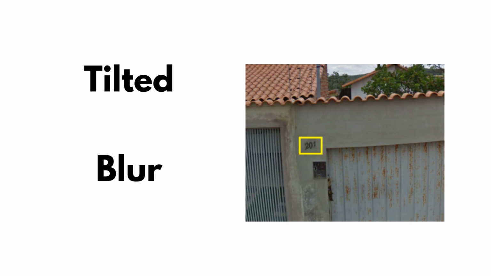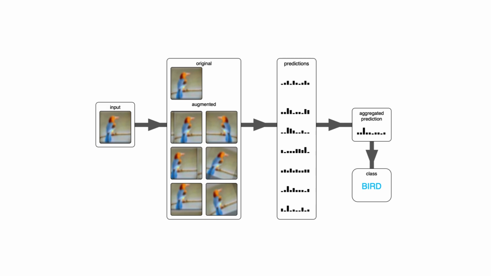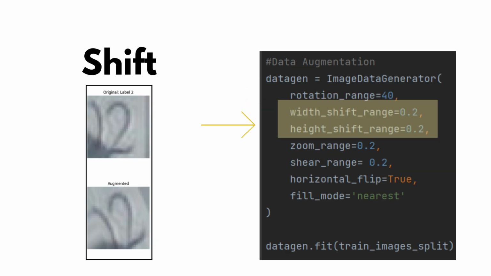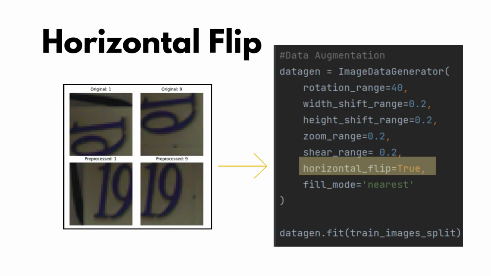For example, a house number might appear tilted or slightly blurred, and data augmentation teaches the model to handle such changes gracefully. I applied a few augmentations, small rotations, slight shifts in position, and horizontal flips to generate a richer training set.